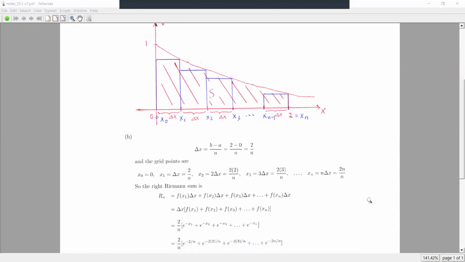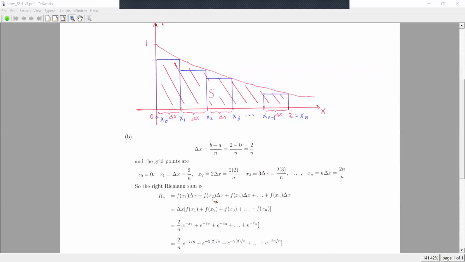Now we have subintervals. Now build rectangles. Over the first subinterval, use the function value at the right endpoint to build a rectangle. Over the second subinterval, use the function value at the right endpoint to build a rectangle, and so on. The area of the first rectangle is base delta x times height.